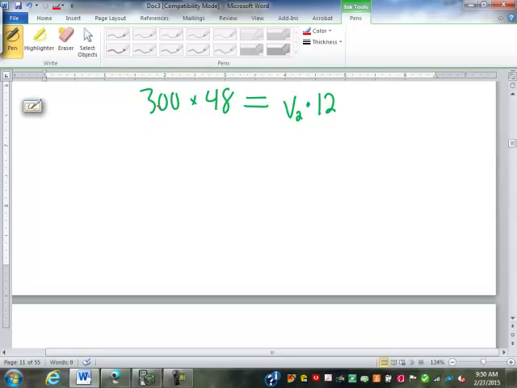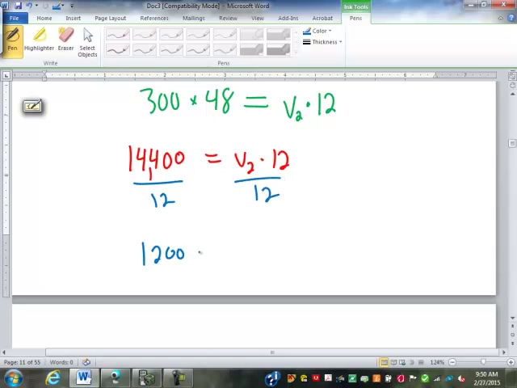We're going to take 300 times 48, which is 14,400, correct? Equals V2 times 12, and what are we going to do with that? We're going to divide by 12. It gives us 1,200, and of course that'll be milliliters.